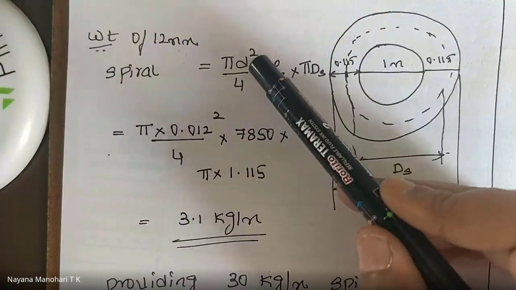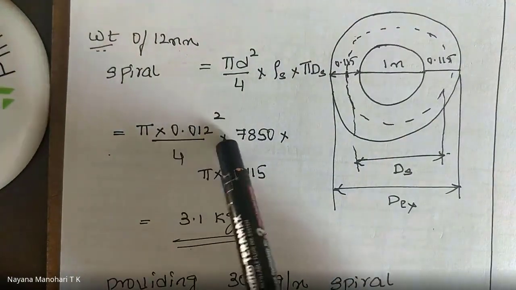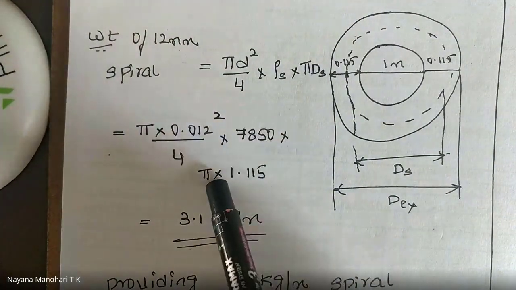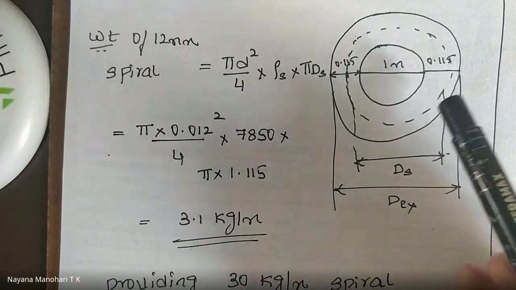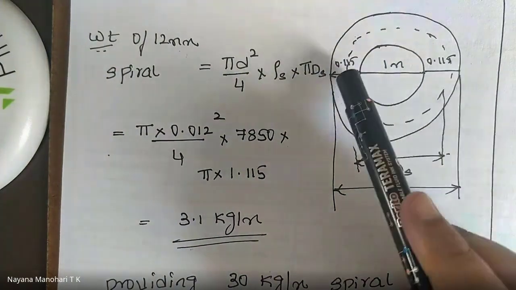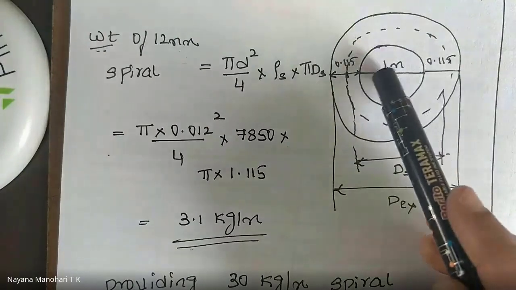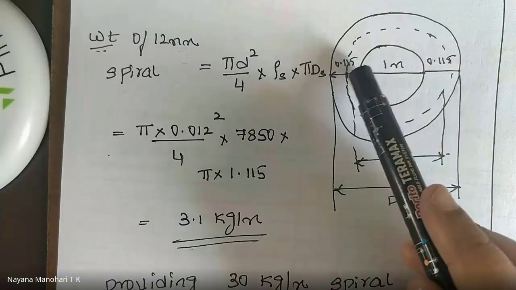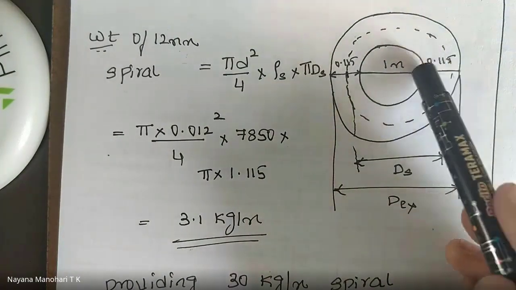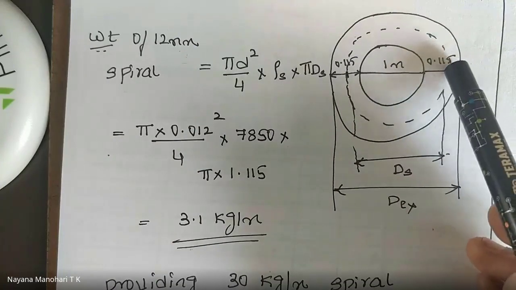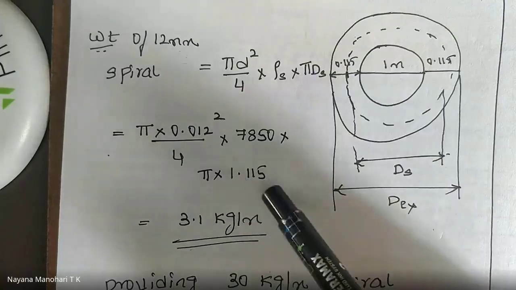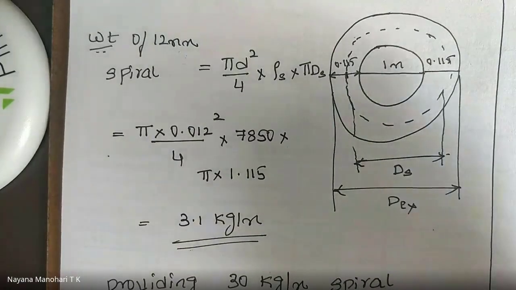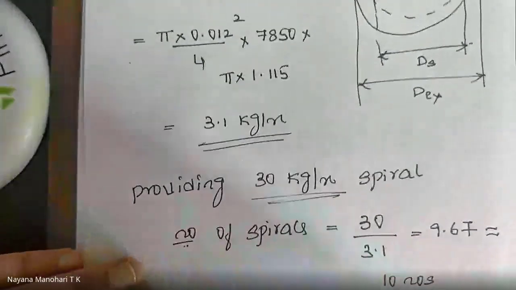Here d is 12 mm, density is 7850, into pi into ds value. Ds is the dia of the spiral. I want to calculate the total dia from center to center. It is 1 plus 0.115, total 115, half of that value from center to center. You will get 1.115.